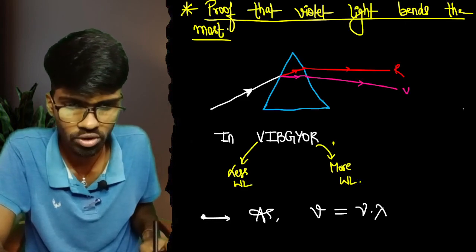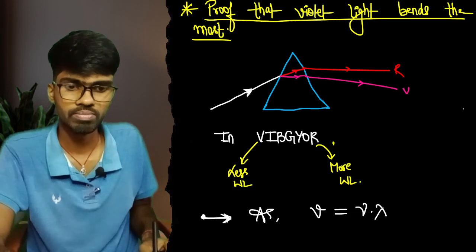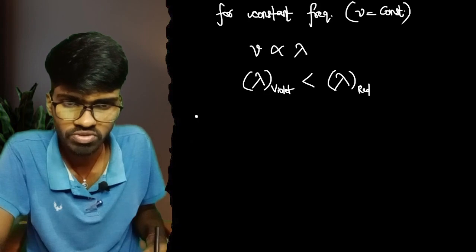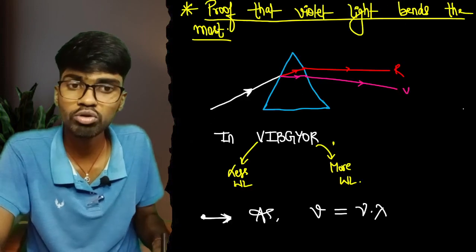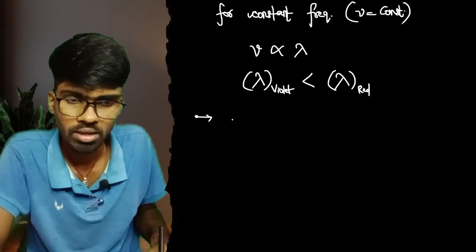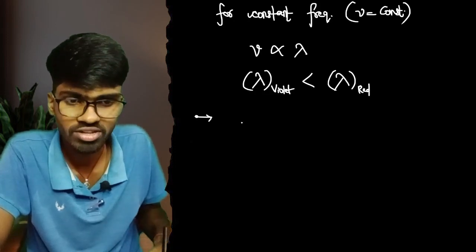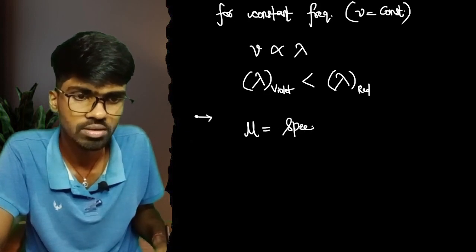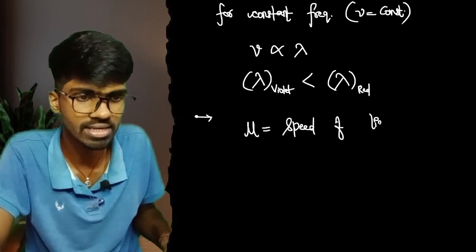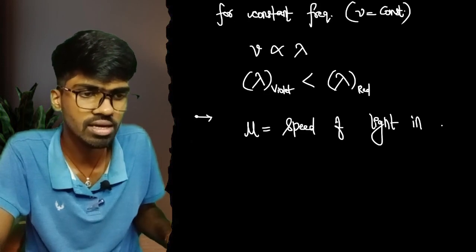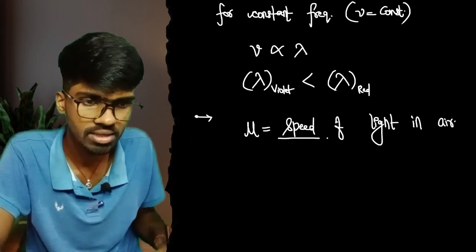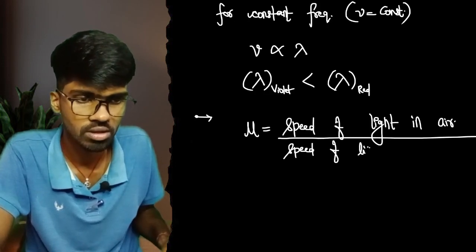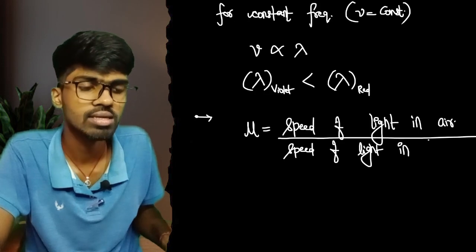So we have already mentioned this point. Now the second point which we use to prove this is about refractive index. You know that the formula of refractive index is mu equal to speed of light in air or in vacuum divided by speed of light in medium.